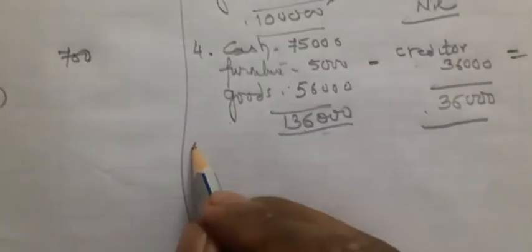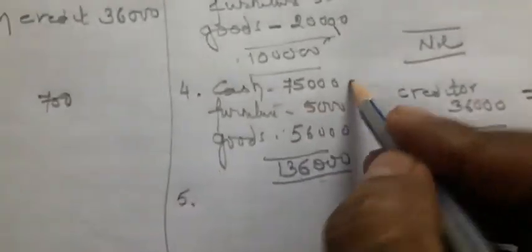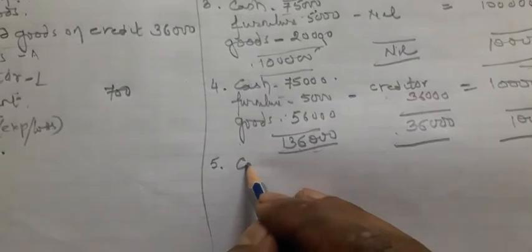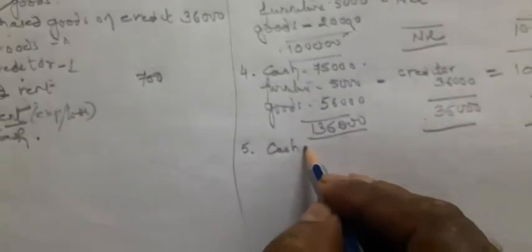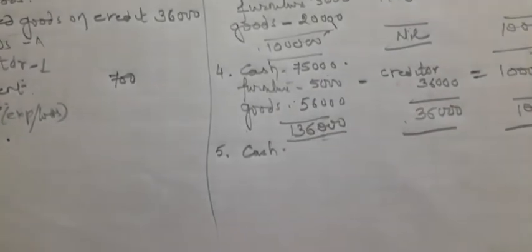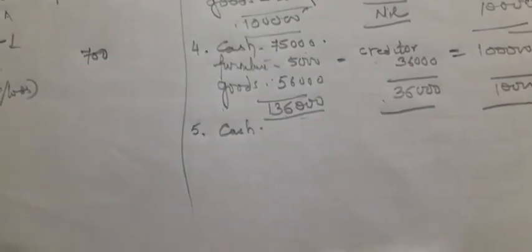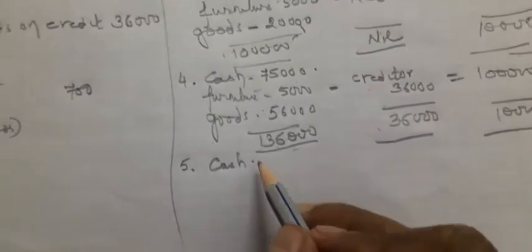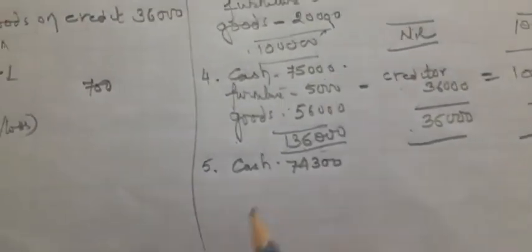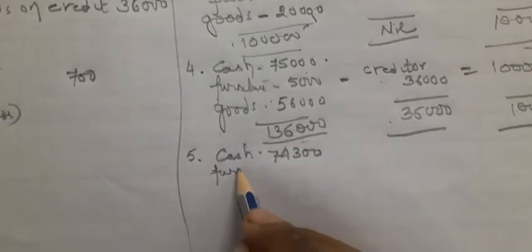So transaction number 5, cash which was 75,000, because we are paying rent in the form of cash, cash will reduce to 75,000 minus 700, 74,300. There's no change in furniture.